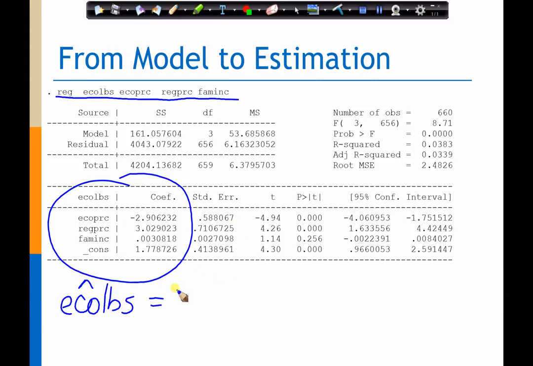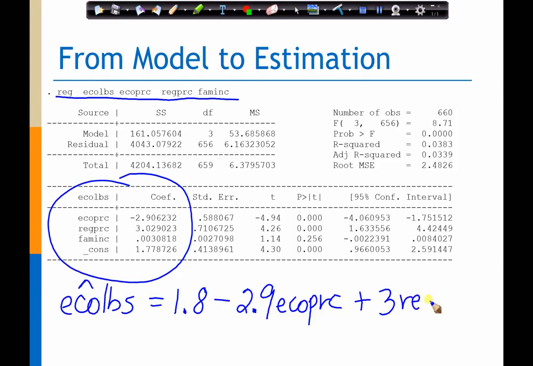Predicted eco-pounds is equal to 1.8, my constant or intercept, minus 2.9 times eco price, plus 3 times regular price, plus 0.003 times family income.